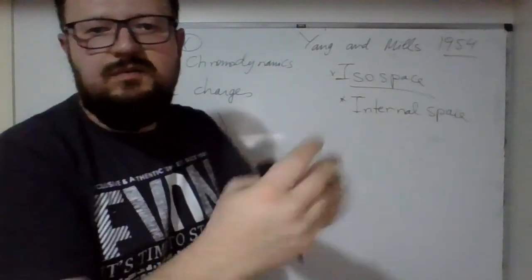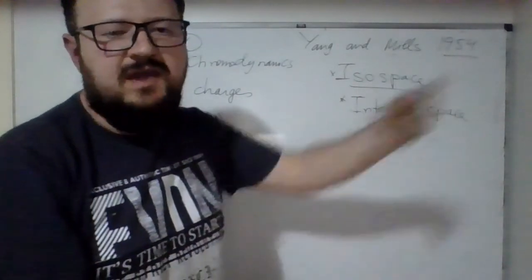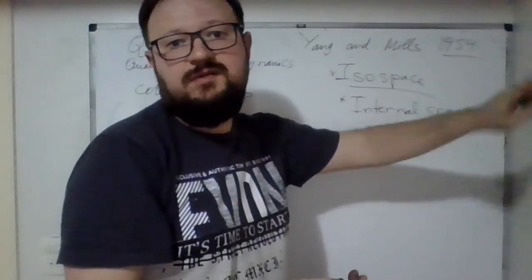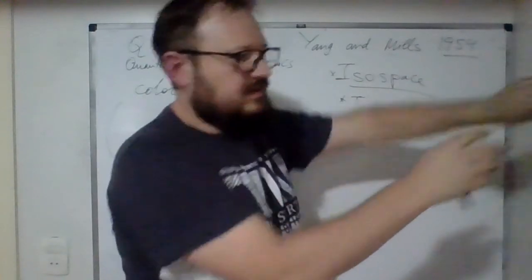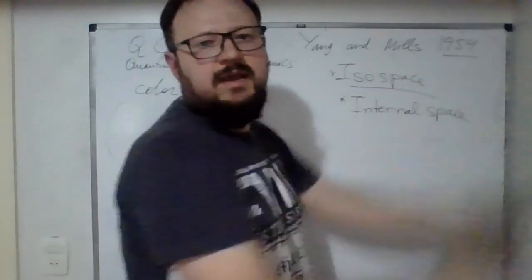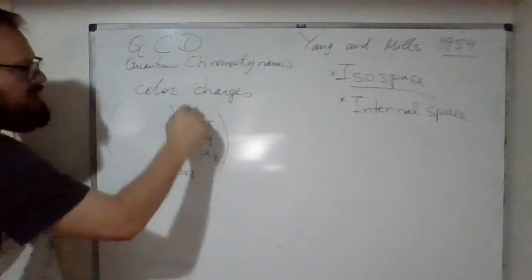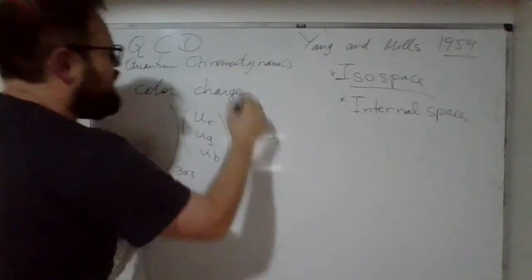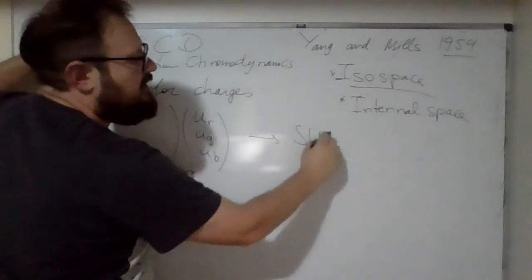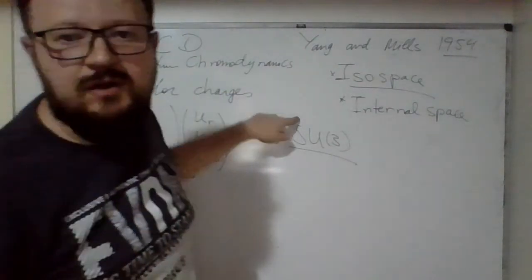So what is red, green, and blue at one point in space, at another space point you can say no, this is red, is a mixture of red and green, and this is blue, and these matrices are 3 by 3. They can mix the quarks, and this quantum chromodynamics is described somehow by some internal space.